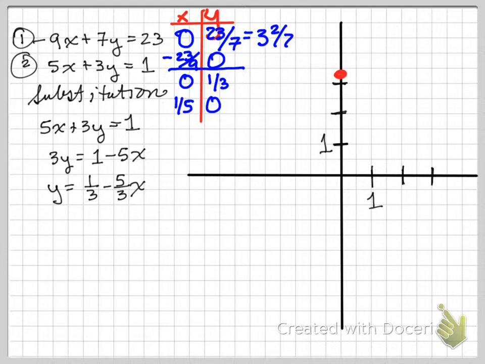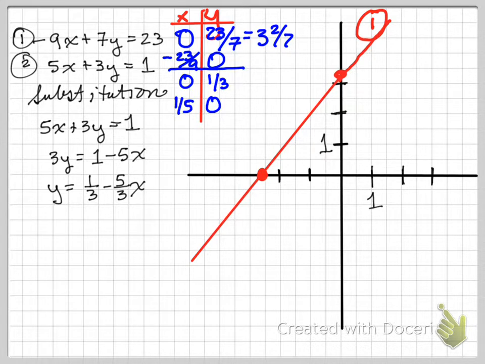So let's go over here, negative 1, negative 2, and then 5/9 is a little bit more than a half, right? So it's going to be like there. All right, and that's my first one, like that, and I'm going to number it, number 1, just to keep track of things.